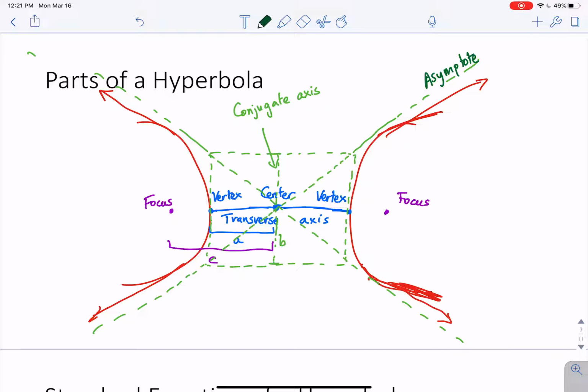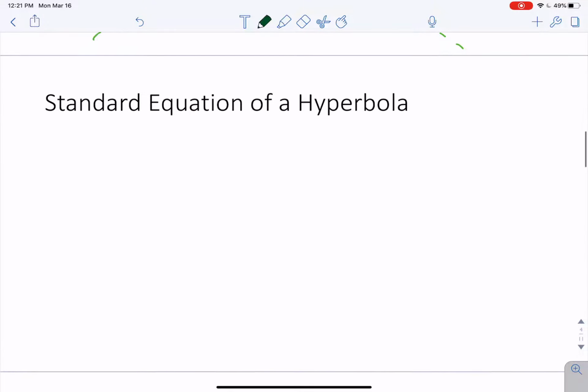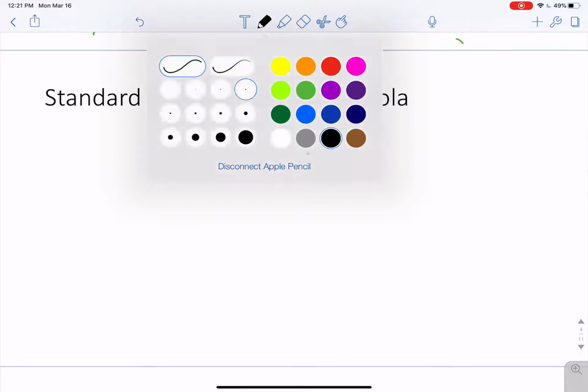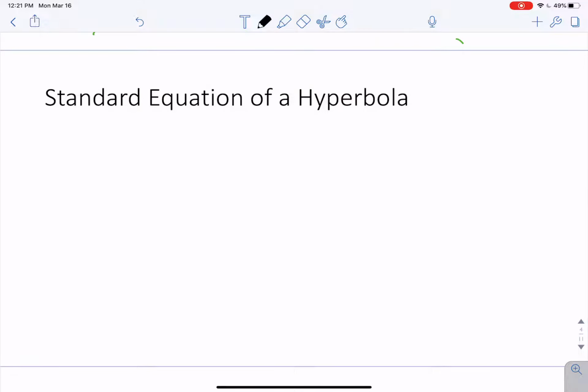So now that we have the parts of this, we have some values labeled in, we can get to the equation of this. So the hyperbola equation looks a lot like the ellipse equation. It's almost exactly the same equation. So I'm going to start off writing the ellipse equation.